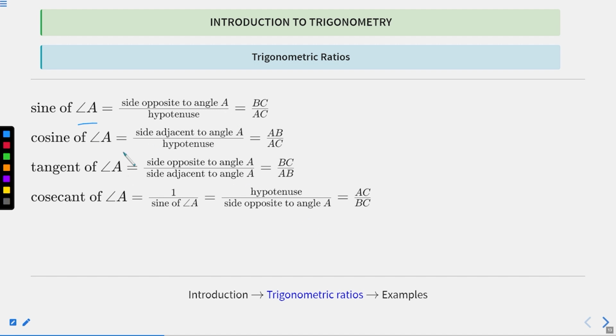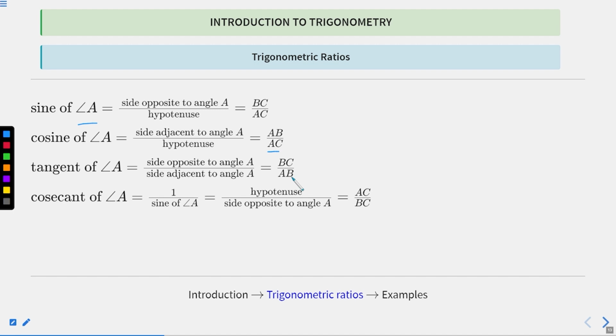Cosine of angle A is the side adjacent to angle A divided by the hypotenuse, that is AB over AC. Tangent of angle A is the side opposite to angle A divided by the side adjacent to angle A, equal to BC over AB.